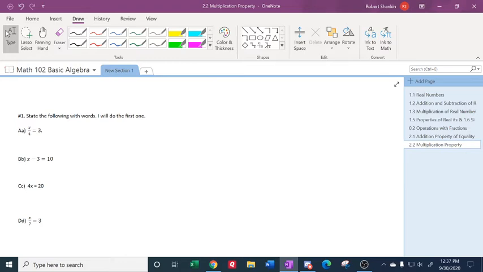They hadn't developed how to work with symbols yet. And the words would have been something like this: What is the number that when you divide it by 4, you get 3?